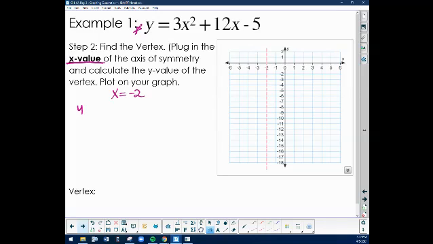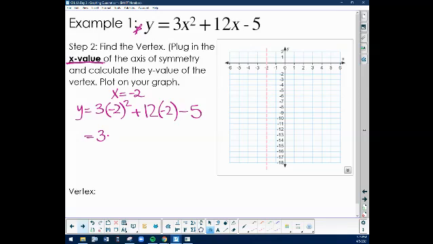So I've got y equals 3. Now when I substitute in, again, I like to put parentheses because it does make a difference, times negative 2 squared plus 12 times negative 2 minus 5. Now continue on evaluating. You can use your calculators, of course, if you need to.